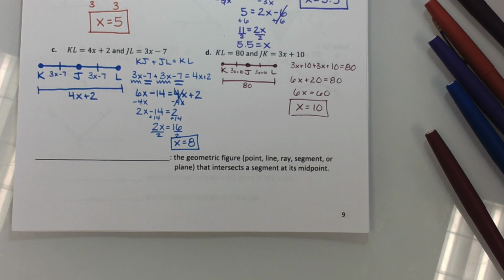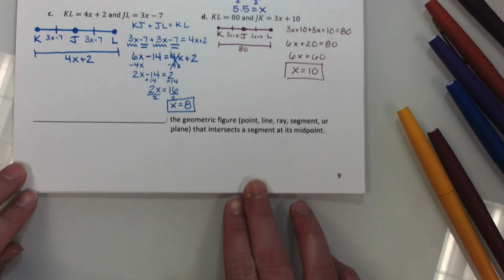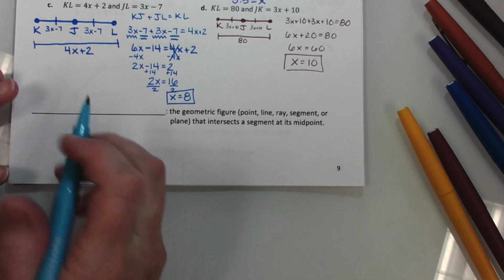Okay, what do we get? X equals 10. Beautiful. So, the other thing we're going to see today is something known as a segment bisector.